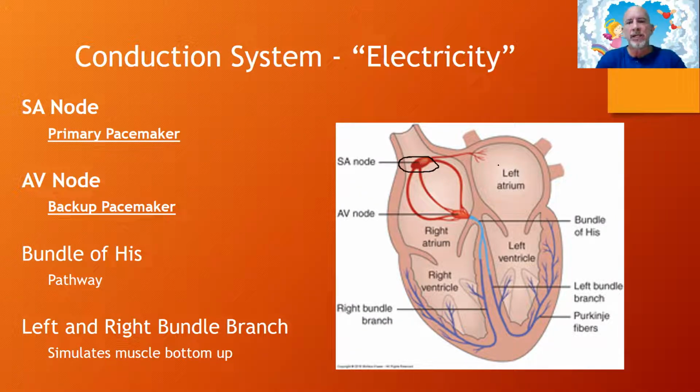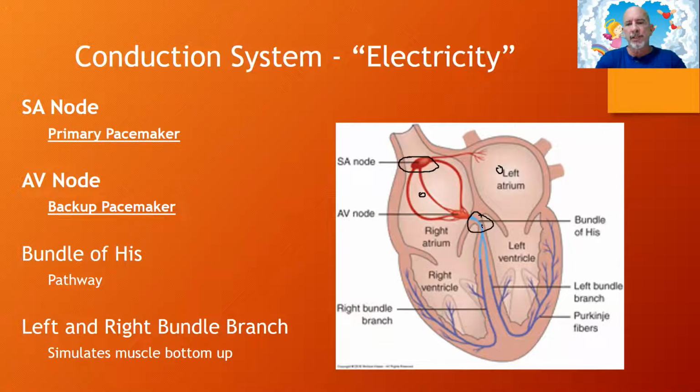And the signal goes down into the atriums, and it causes the atriums to contract. Then the signal continues down over the wall of the atrium and goes into what's called the bundle of His. Bundle of His is just where the signal comes out of the atriums and it goes to the septum of the heart.